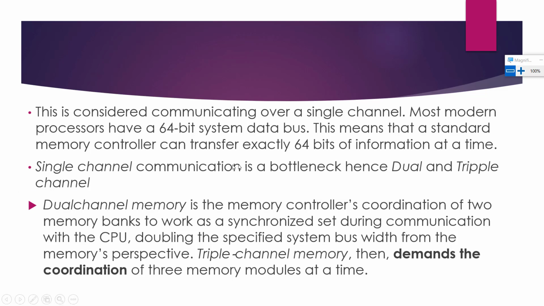So single channel communication is a bottleneck, hence dual and triple channel came. So dual channel memory is the memory controller's coordination of two memory banks to work as a synchronized set during communication with the CPU, doubling the system bus width from the memory's perspective.